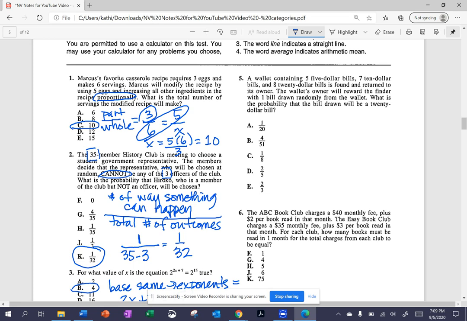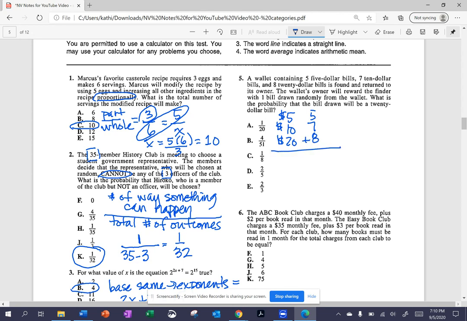So again, this is probability, which is the number of ways something can happen divided by the total number of outcomes. So for the $5 bills, I have 5 of these. For the $10 bills, I have 7 of these. And the $20 bills, I have 8 of these.